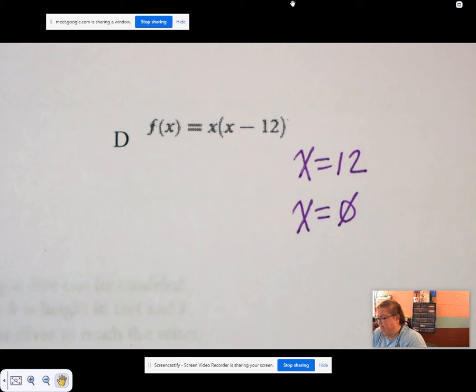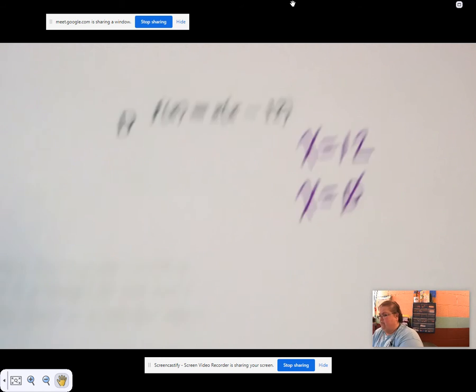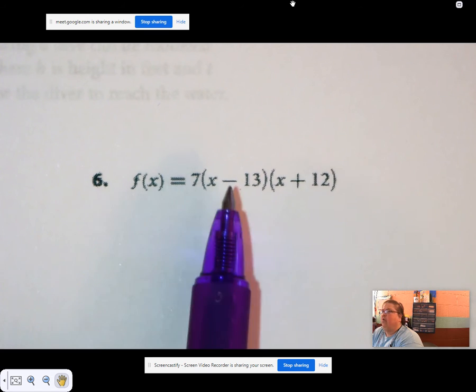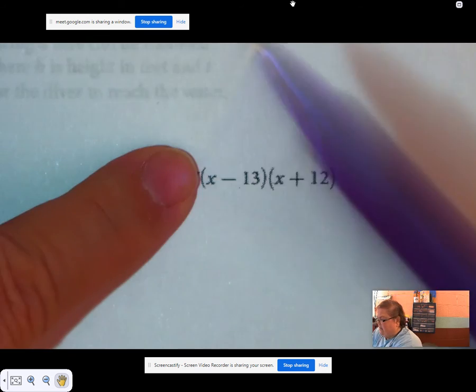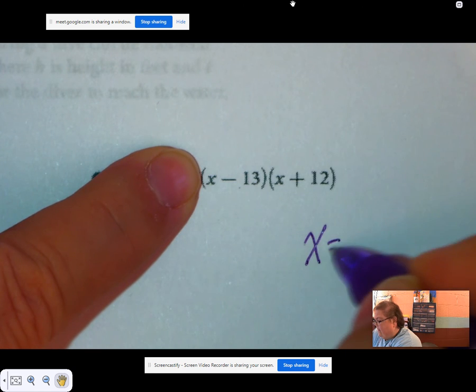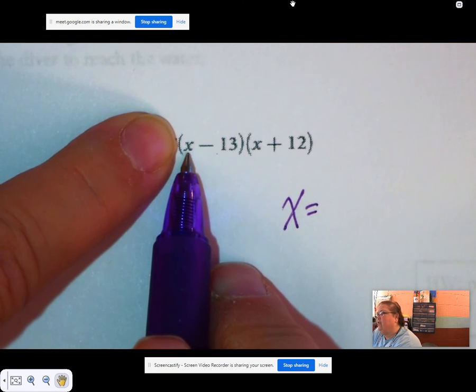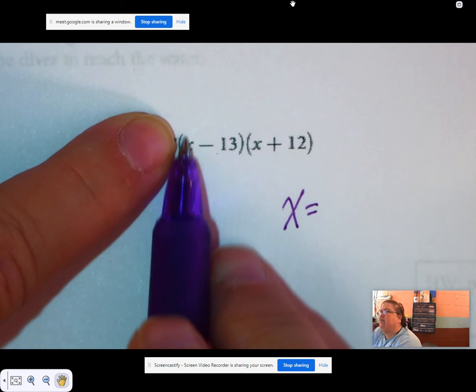Okay. As a reminder, the K value in front is a number. We don't substitute in for numbers. Okay? So when I look at number 6, what would the X value have to be here in order for this to equal 0?